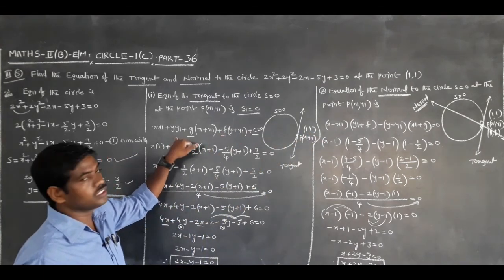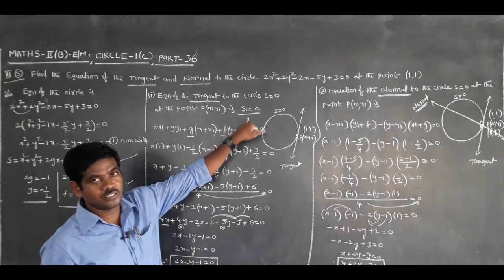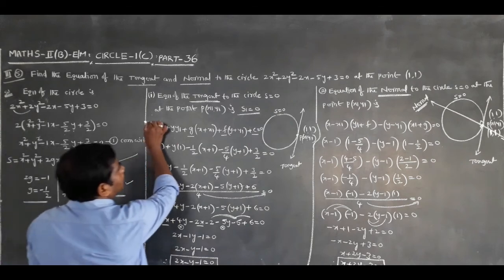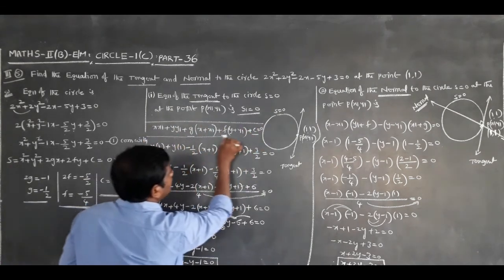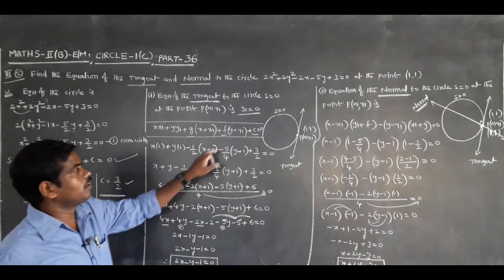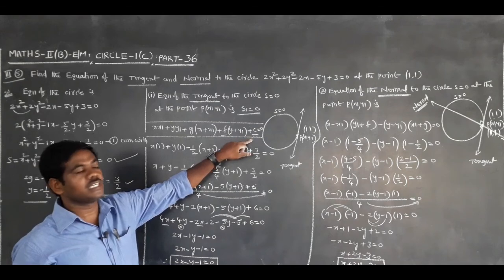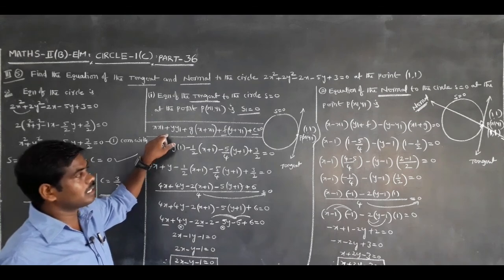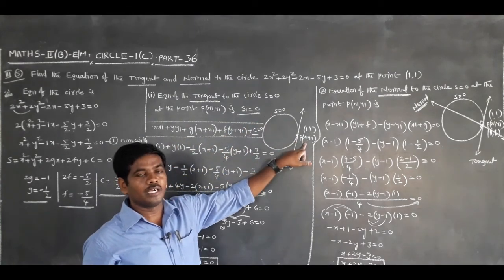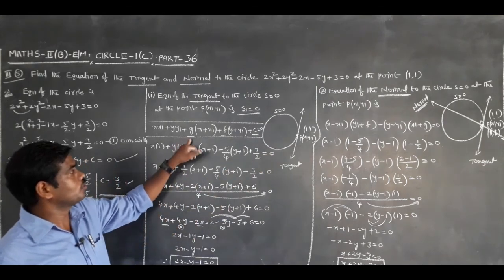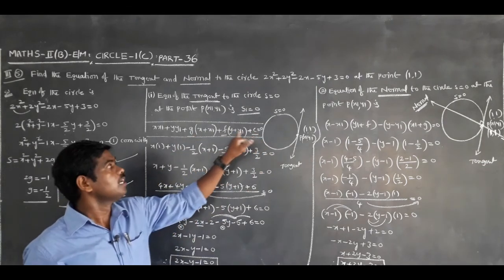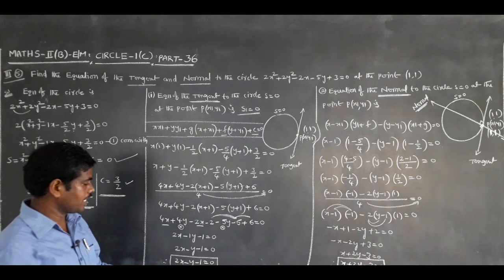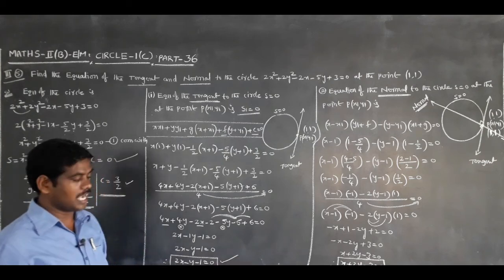The equation of the tangent formula is S1 is equal to 0, which means x x1 plus y y1 plus g(x plus x1) plus f(y plus y1) plus c is equal to 0, the equation of the tangent to the circle S is equal to 0 at the point P(x1, y1). Substitute g, f and c values and x1, y1 and simplify. This is the equation of the tangent.